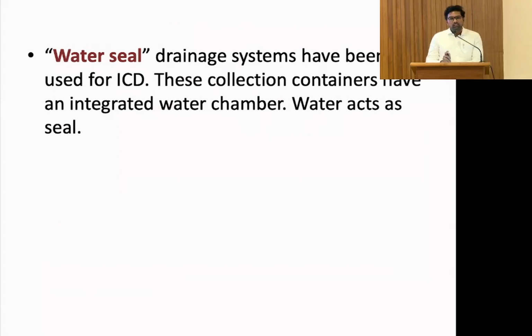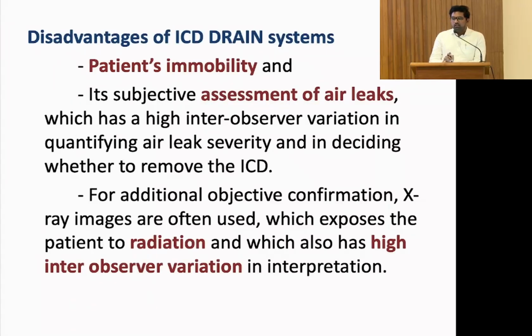So coming to the drainage system, either we can go for a continuous suction drainage system or an underwater seal drainage system based on gravity. So what are the disadvantages of the ICD draining system? The patient can be mobile with the ICD tube itself, but most patients are not getting mobilized because of the pain from the ICD.